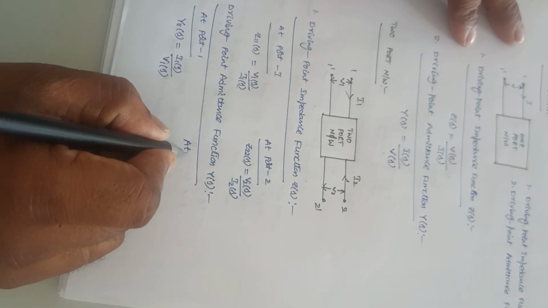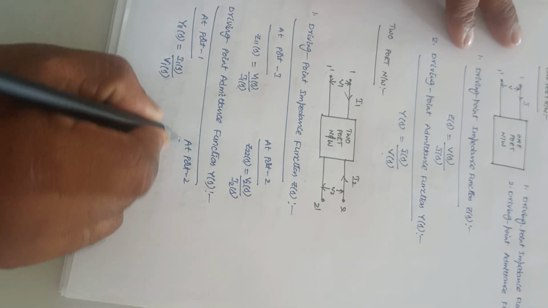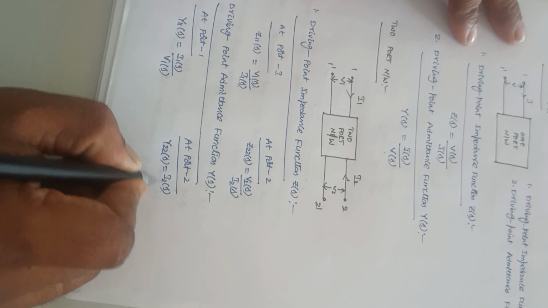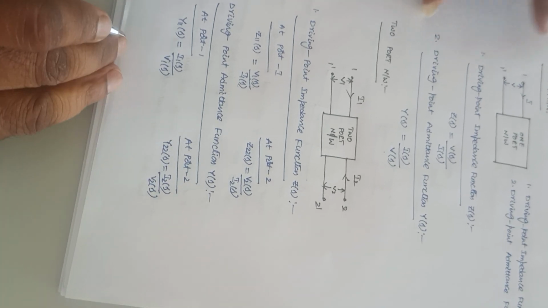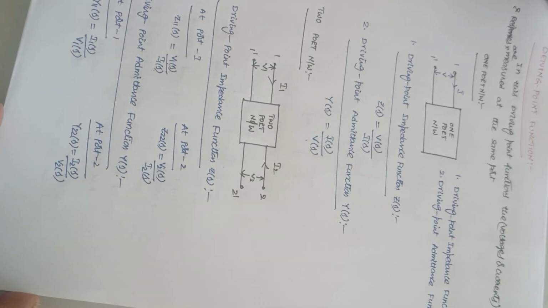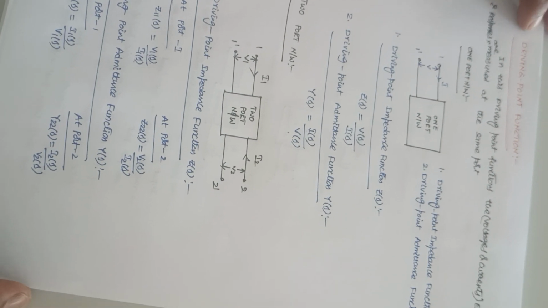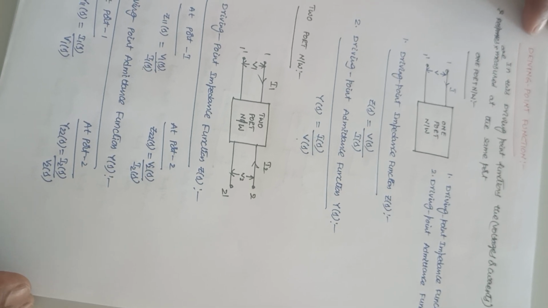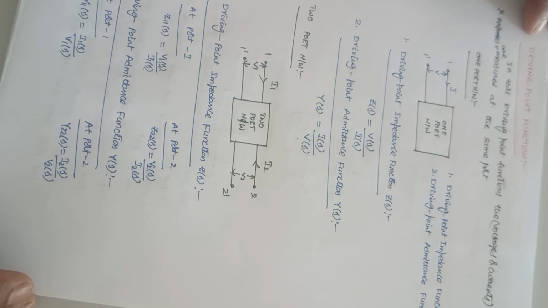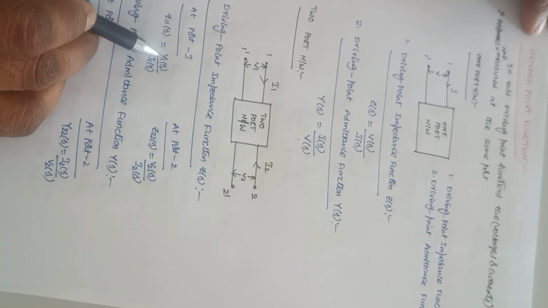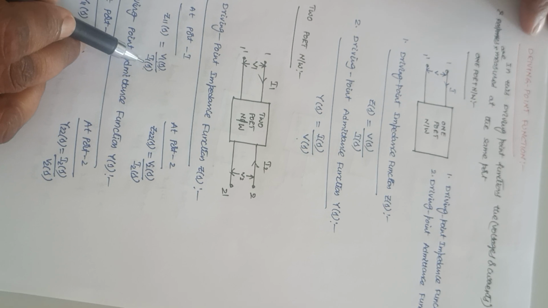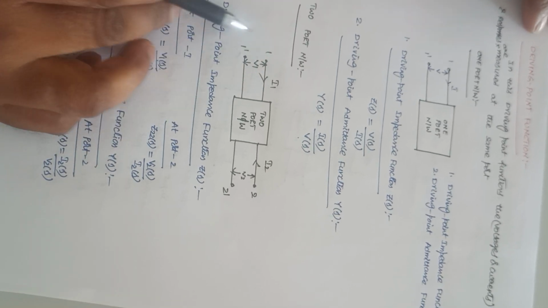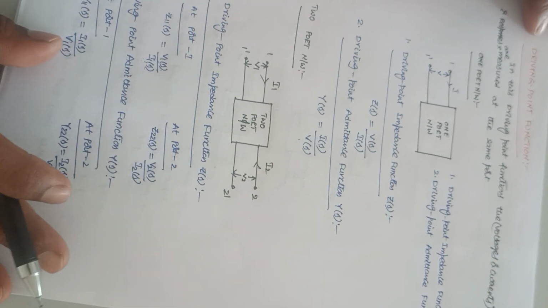At port 2, Y22 of s is equal to I2 of s divided by V2 of s. So this is about the driving point functions. What I mean to say here is that driving point functions relate the parameters at the same port, that means the excitation and responses are measured at the same port.